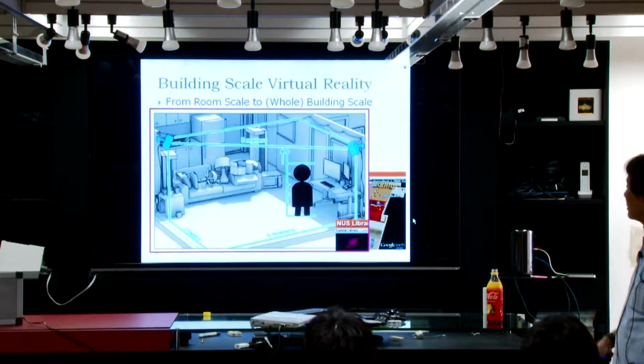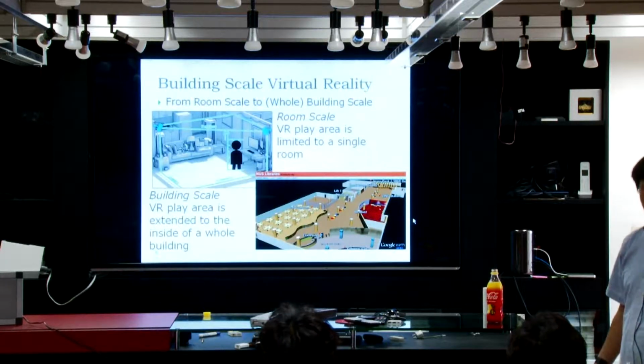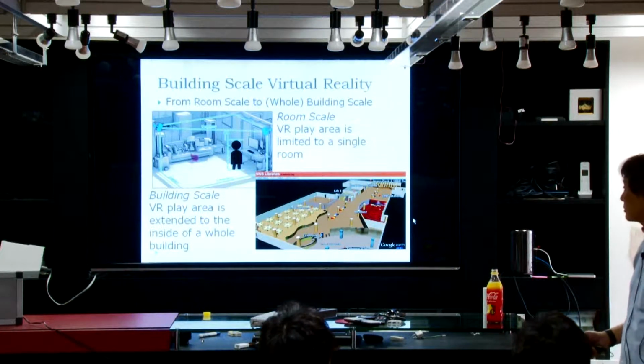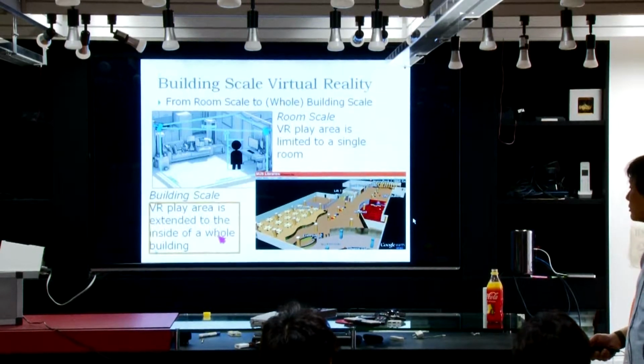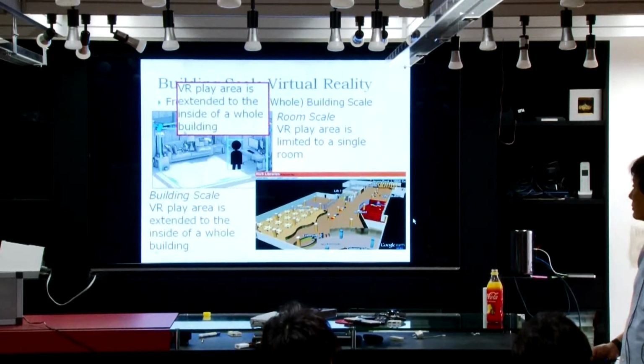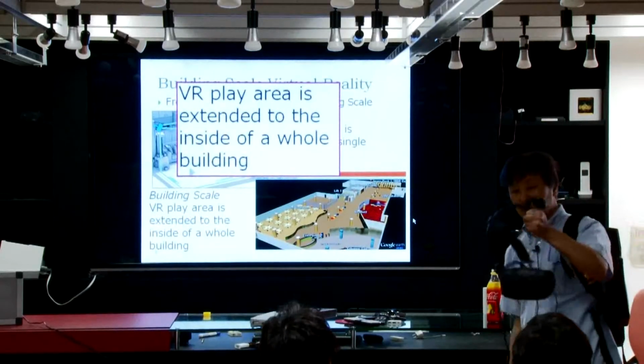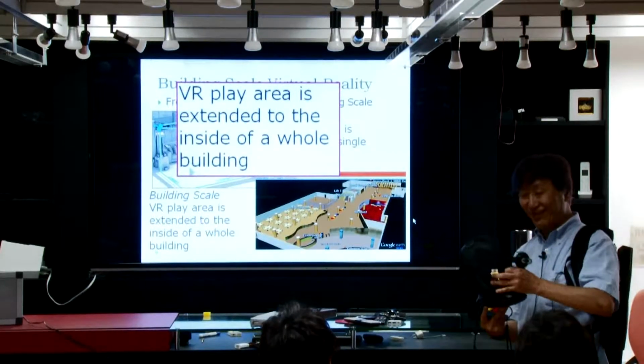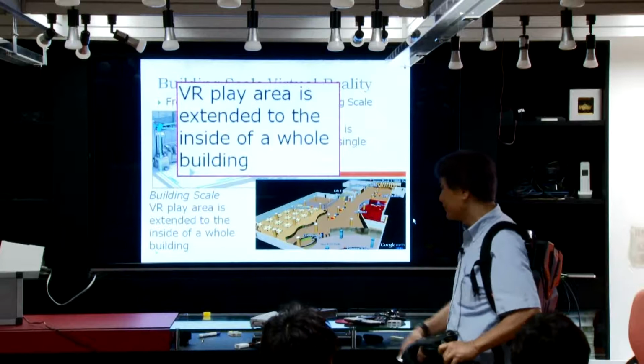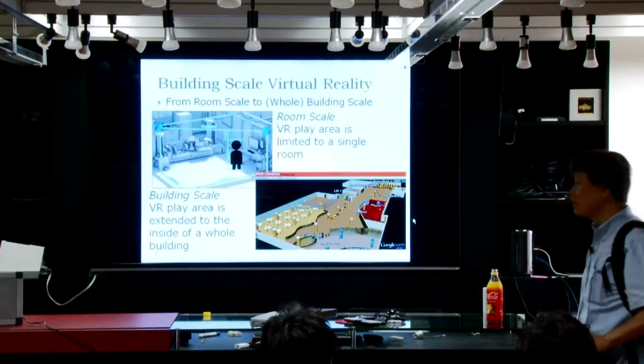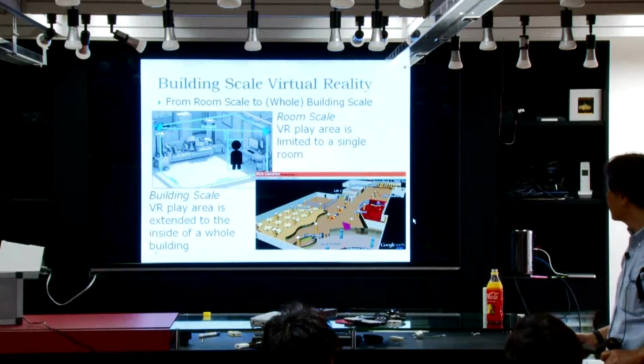But we propose a new concept of virtual reality. It's called building scale. In that case, the VR play area, that is the tracking area of the headset and controller, is the whole building, like this.